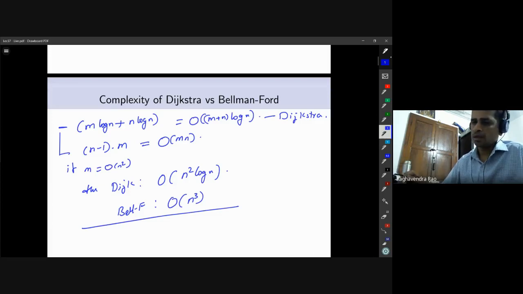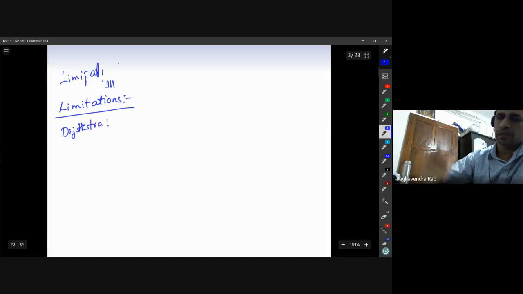But let's just list the limitations. Dijkstra's, the main limitation is no negative weights are allowed.